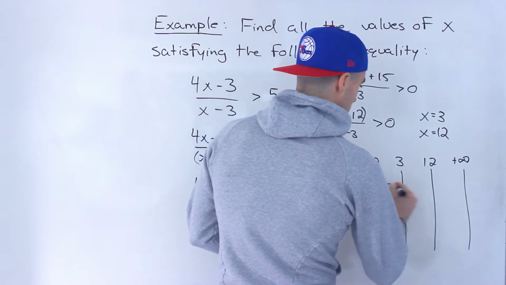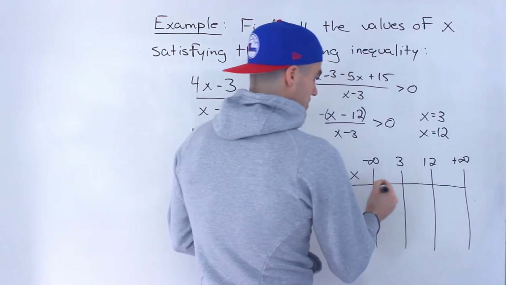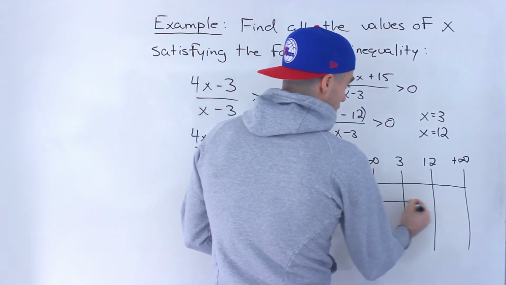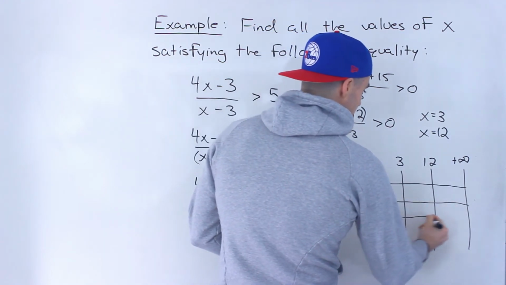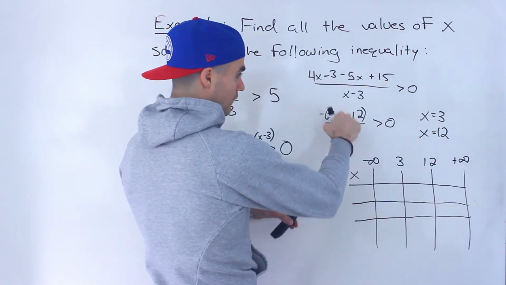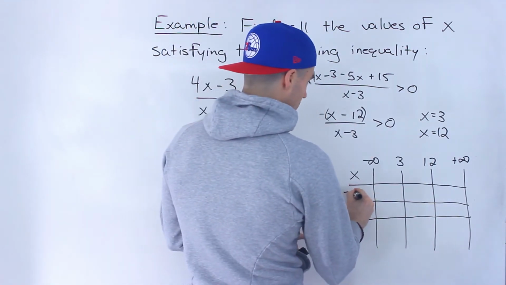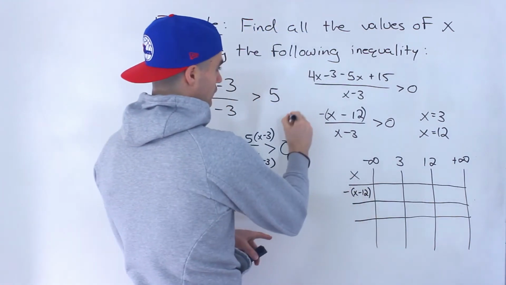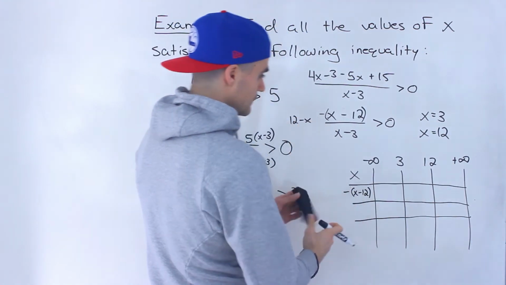And then we're going to pick a couple of x values in these intervals. These are the 3 intervals we're working with. Then we want to figure out what the sign is going to be of these factors. Now this negative here, I'm going to put with the x - 12. That's what I was saying before, we could write this as 12 - x.